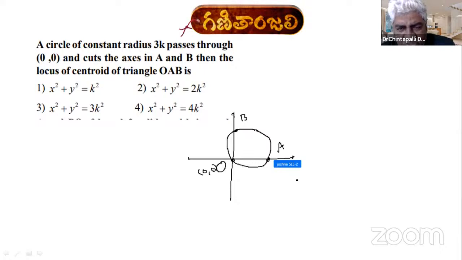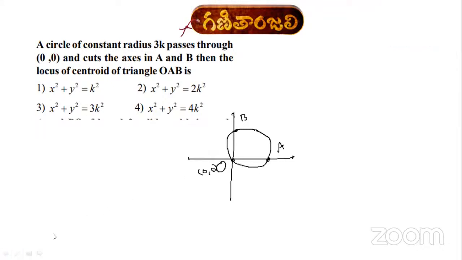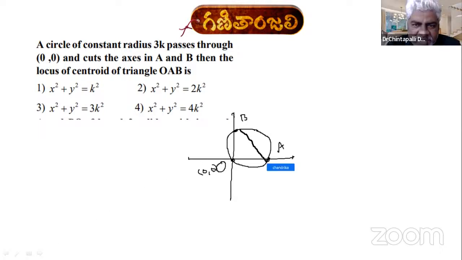Very good. You know one thing, when you join them, the line is already there. We need not write OA again. That is triangle OAB, right?